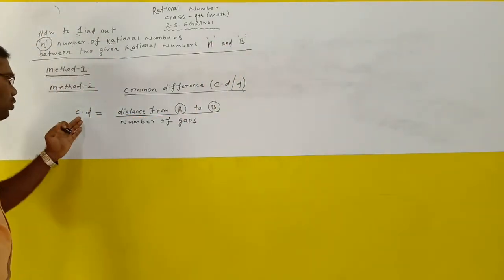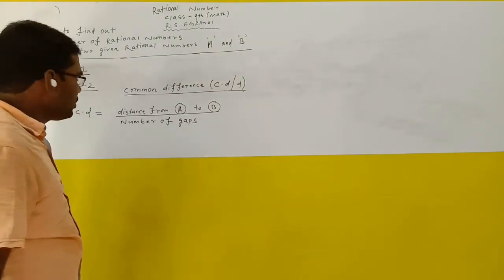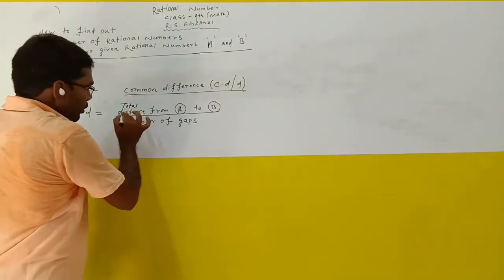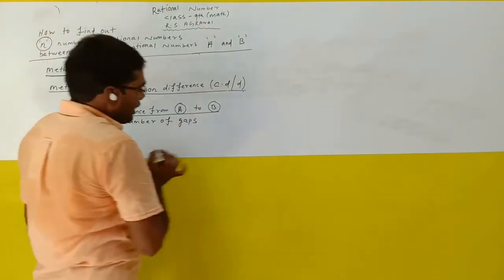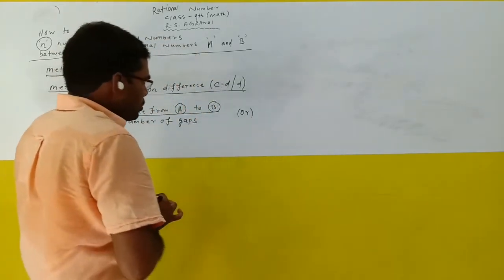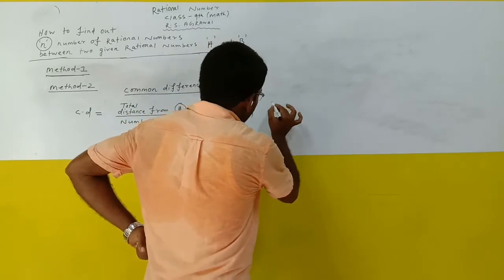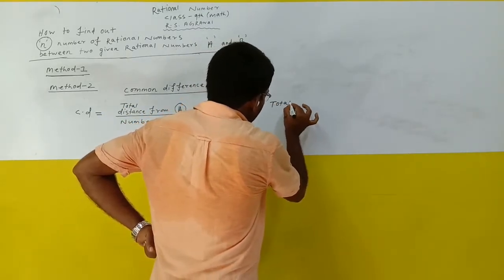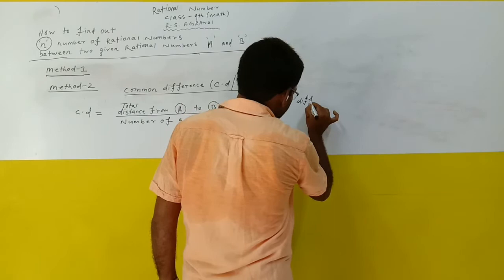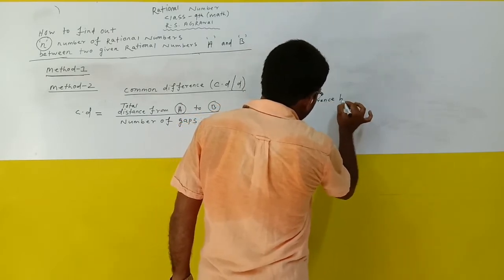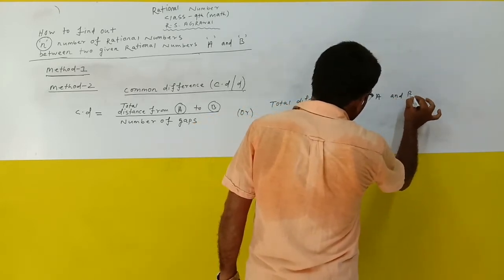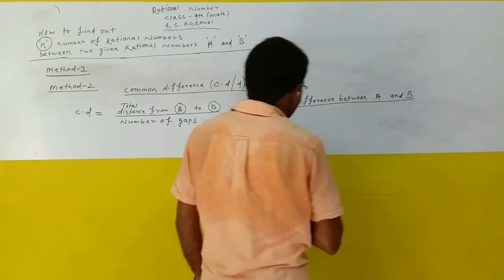Therefore, you will first need to find out the common difference, and it indicates the total distance from A to B divided by number of gaps, or you can write it as total difference between A and B divided by number of gaps.